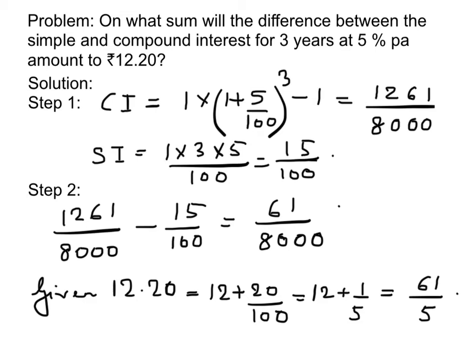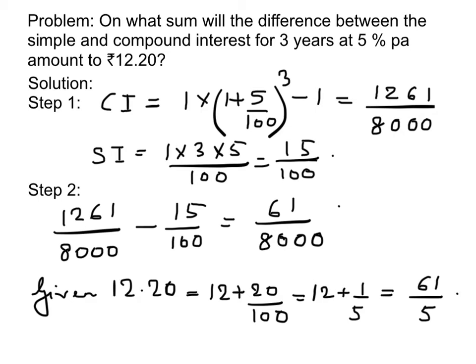So it is given that the difference is 61 by 5, and we have found the difference as 61 by 8000, in the ratio of 61 by 8000 and 61 by 5.